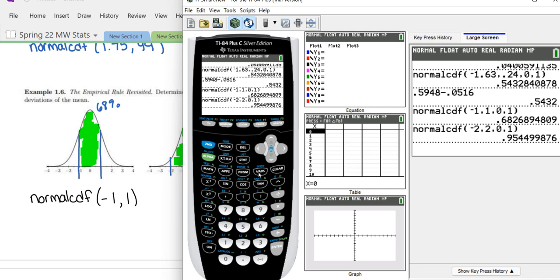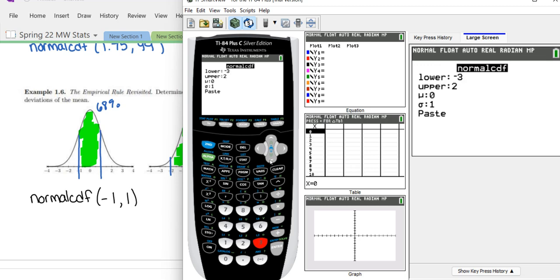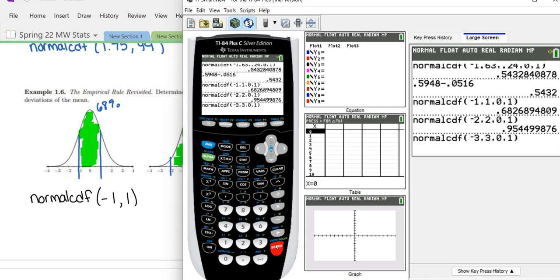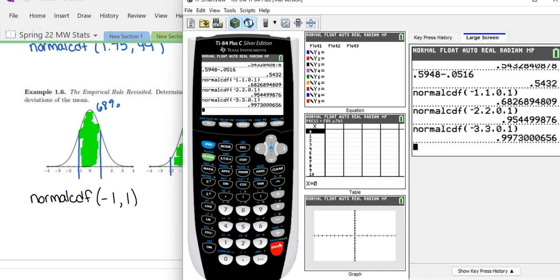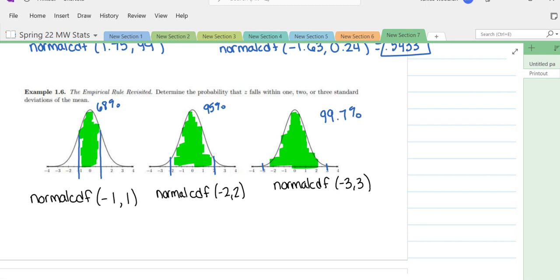And then 3 standard deviations, -3 and +3, 0.9973. Okay, so the empirical rule here will stand. So that's 68, 95, 99.7. So that does come back up from chapter 3.